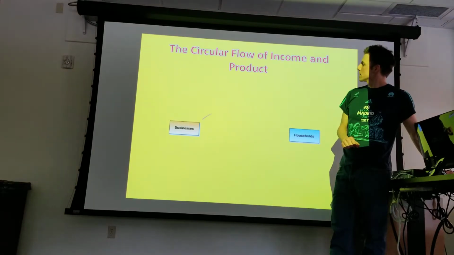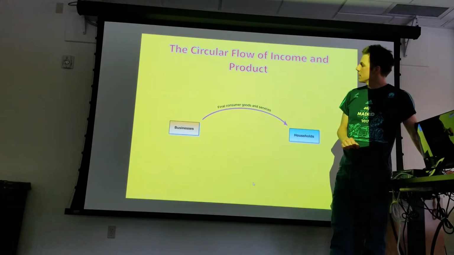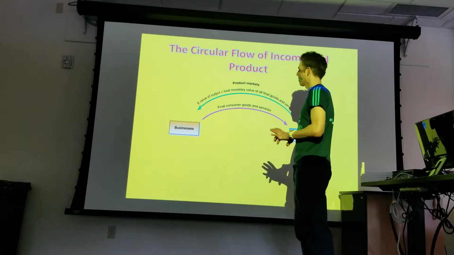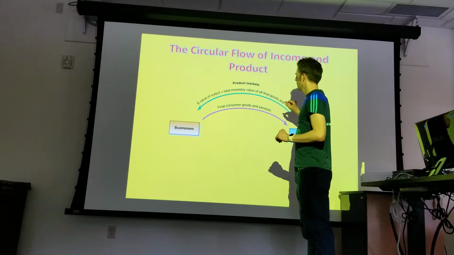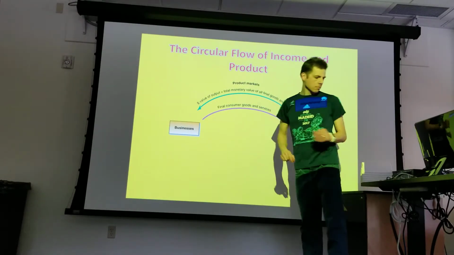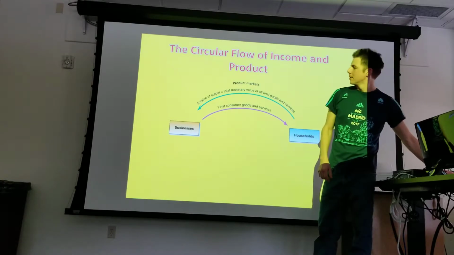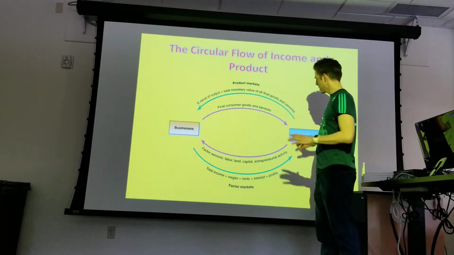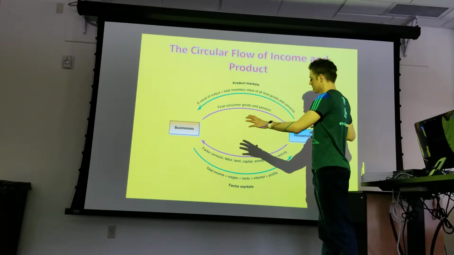So this is the basic, very simplistic Keynesian view of what's going on here. And what you have is the product market where you have the money. Actually, we should start here. What happens first is you have households and you have businesses.